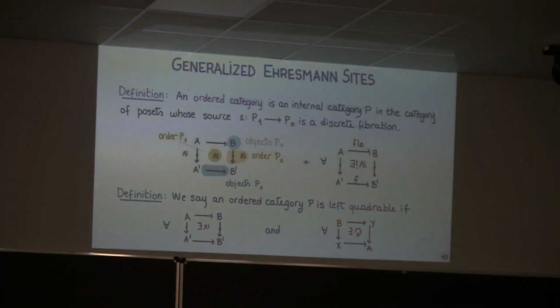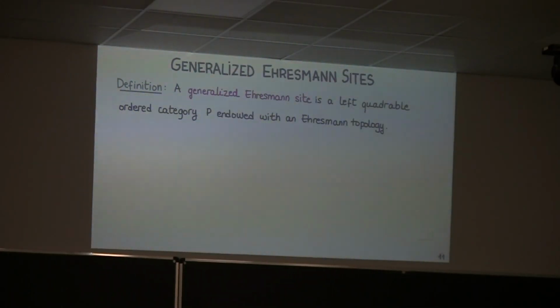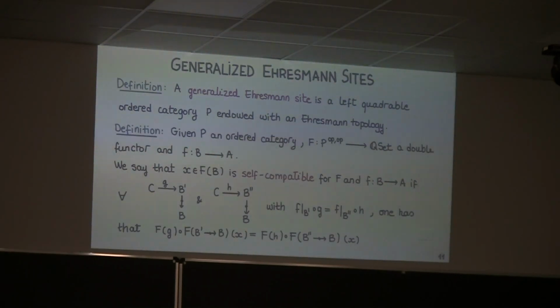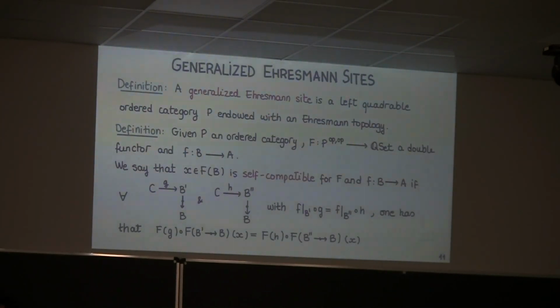These are not unique, they just have to exist. Okay? And now we can endow such a creature with the Ehresmann topology as before. And we can also define sheaves.